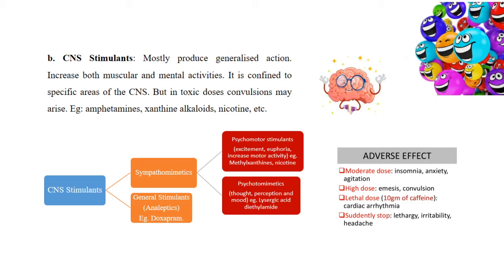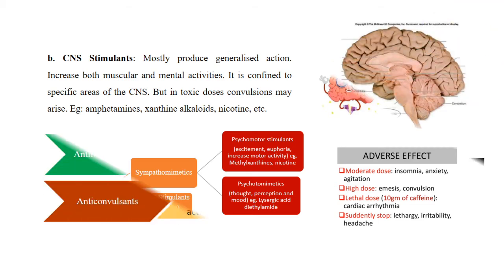This sympathomimetics, again psychomotor stimulants, that is enhancing our motor activity against pain. And the second one is psychotomimetics, that is mimicking psychiatric drugs, that is change in perception and thought, so that it can help to treat some drug addicts. Okay, that's about CNS stimulants.